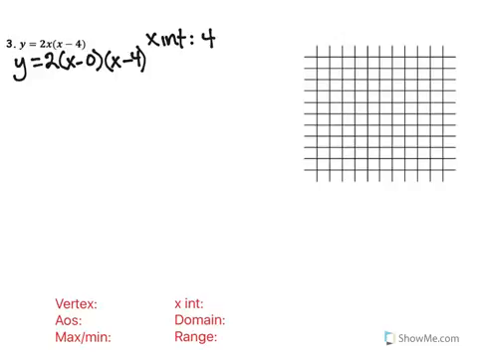So they just put an x in front. So that means my x-intercept is +4, and my x-intercept is also going to be 0. So far so good. X-intercepts: x equals 0 and x equals 4. Graph those on your graph.